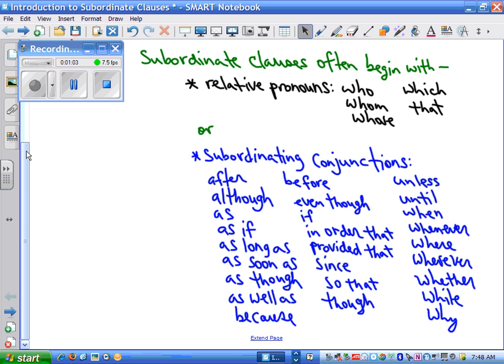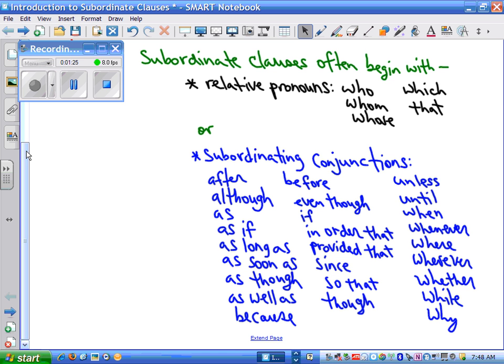So they're really quite important for us to recognize. We're going to go over two types of subordinate clauses. One with the relative pronoun, the other with a subordinating conjunction.